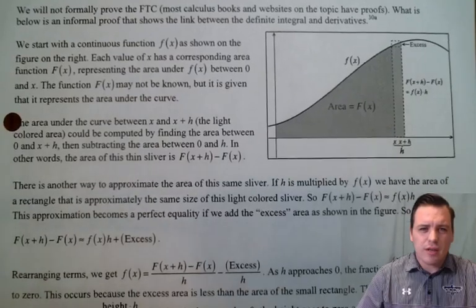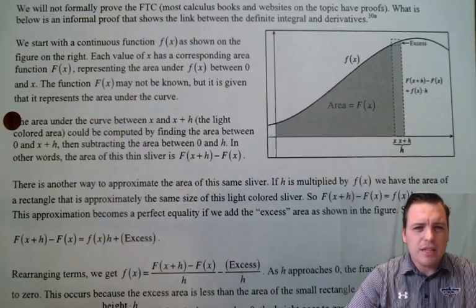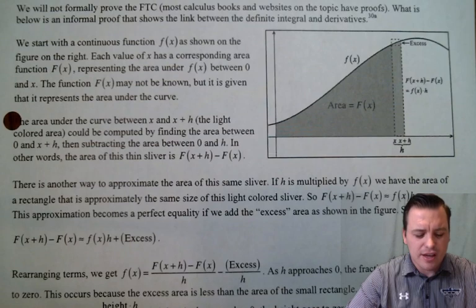So we start with a continuous function, f of x, as shown in the figure on the right. Each value of x has a corresponding area, big F of x, representing the area under f of x between 0 and x. The function big F of x may not be known, but it is given that it represents the area under the curve.